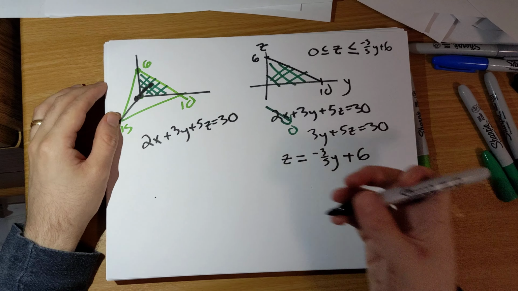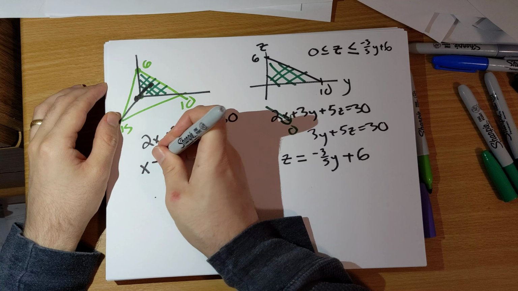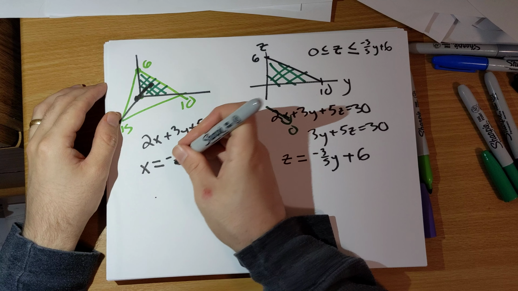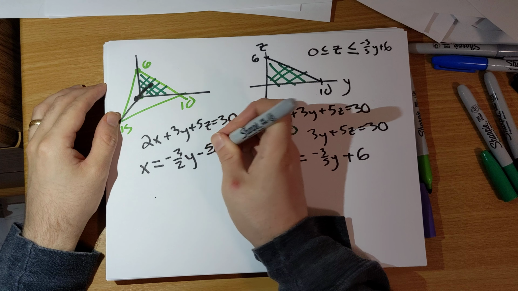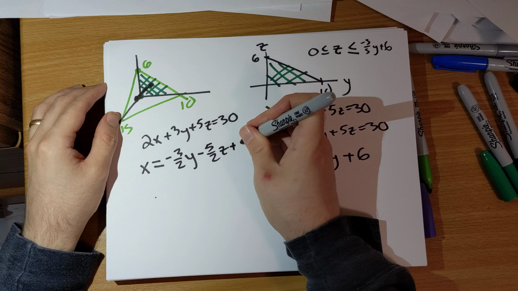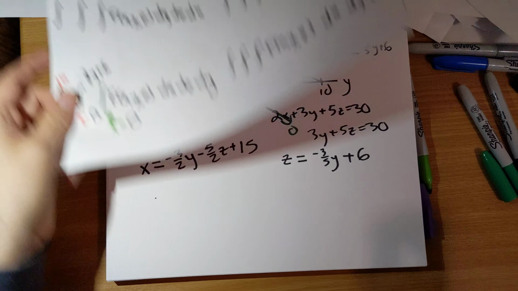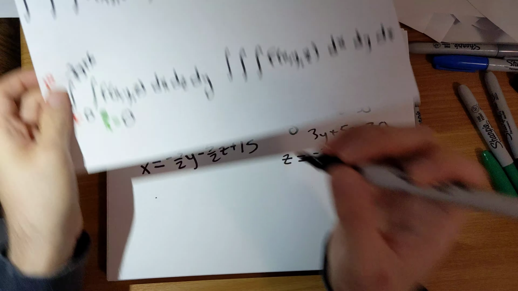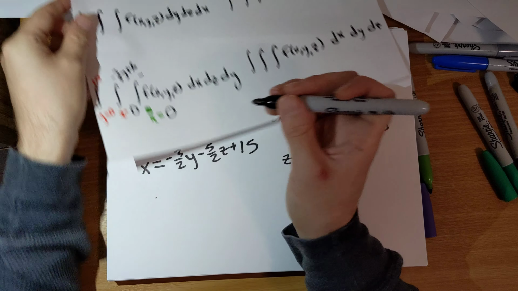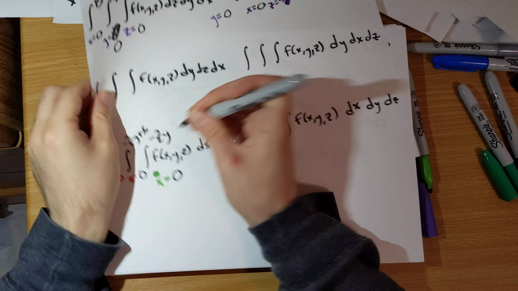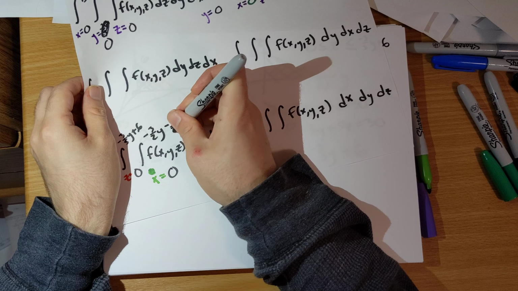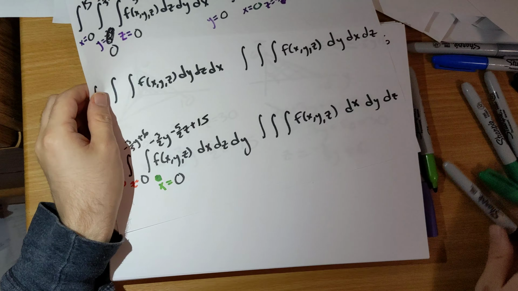Solving for x in terms of y and z, x is equal to negative 3/2 y minus 5/2 z plus 15. So there's our upper bound there: negative 3/2 y minus 5/2 z plus 15.